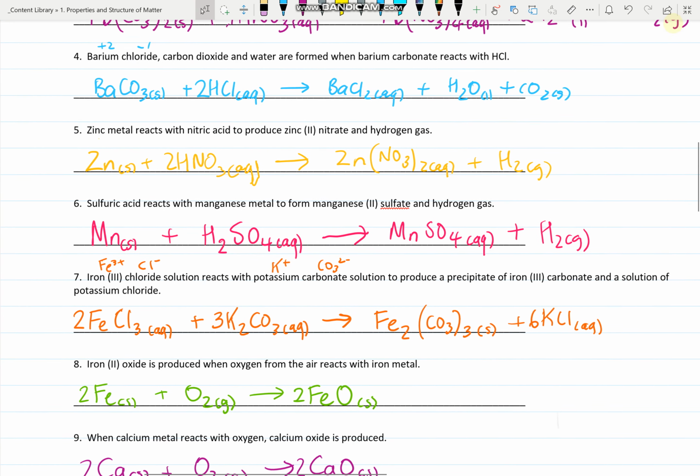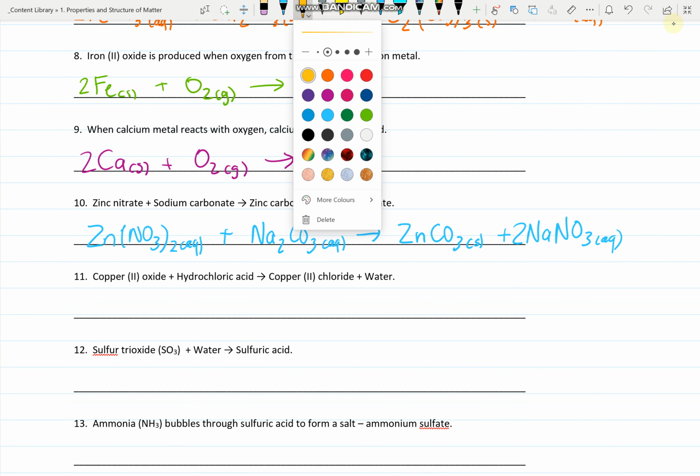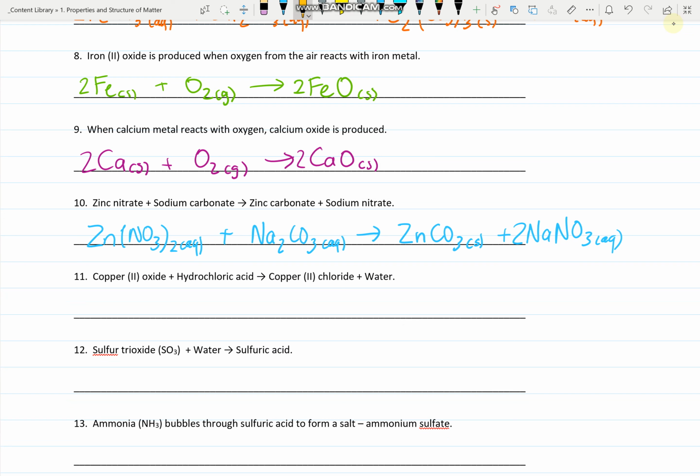After blue, we go yellow, everyone's favorite. Copper oxide plus hydrochloric acid goes to copper chloride plus water. Okay, so copper oxide, 1:1 ratio, 2+, 2-. We'll go solid. HCl, aqueous, all acids aqueous.